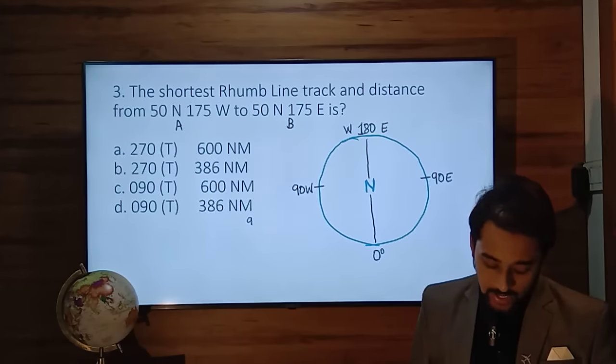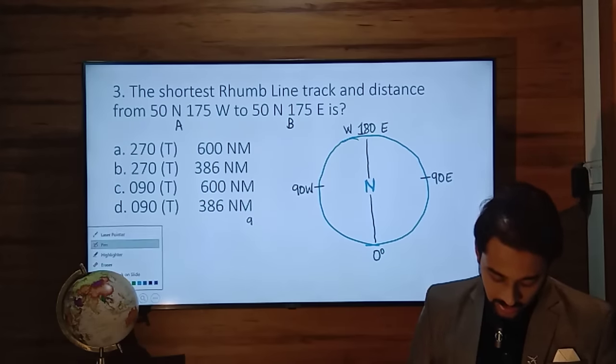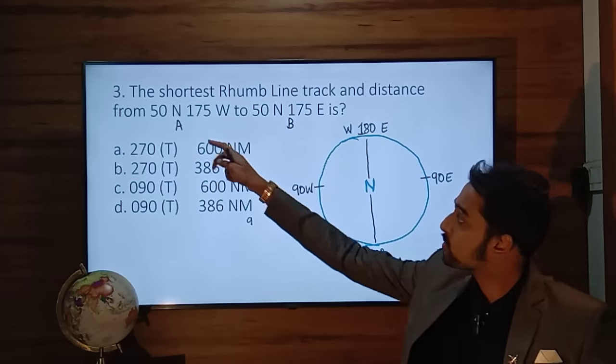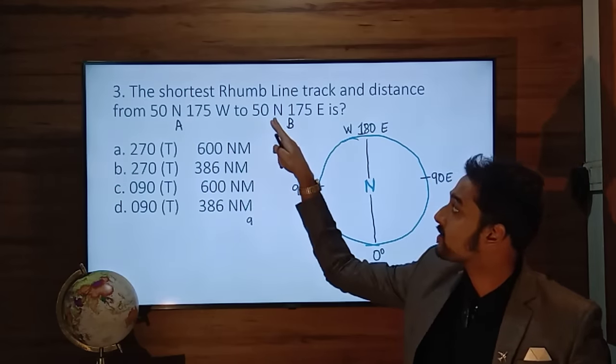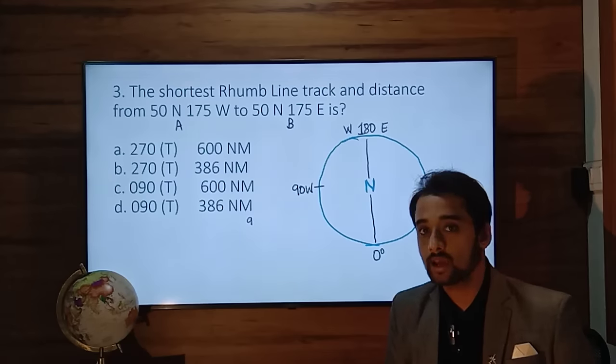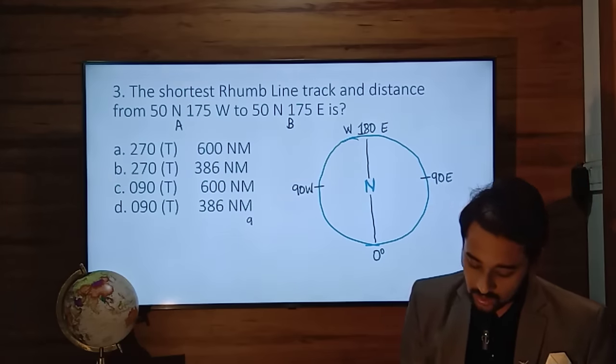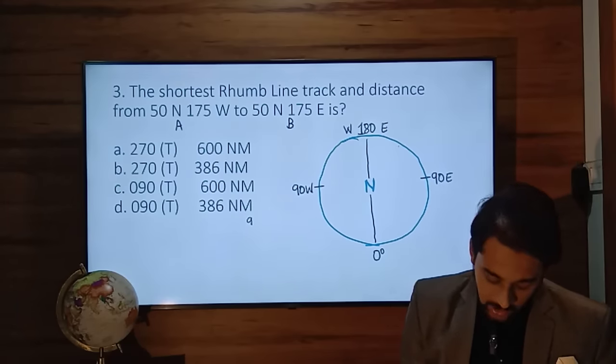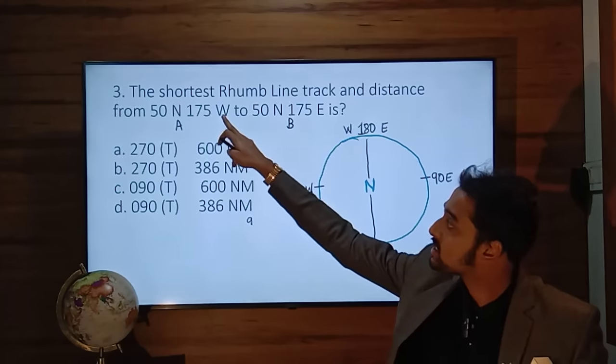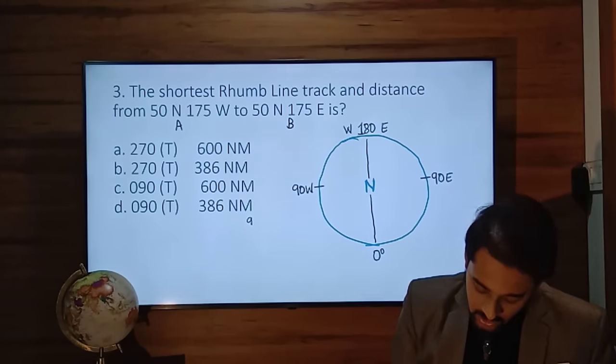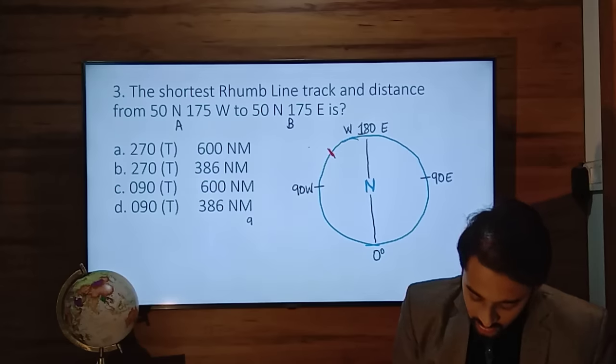Now let's plot point A. Point A and point B, as you can see, both are at the same latitude, 50 degrees north. Okay, so let's plot 50 degrees north. Point A is in the western hemisphere, so 175 west.